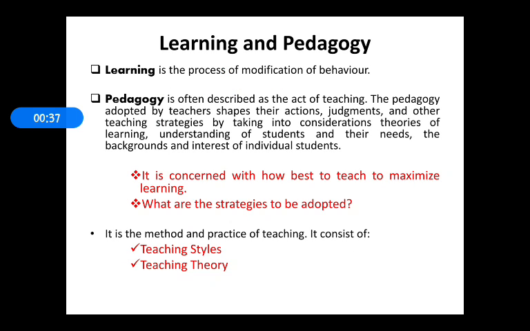Clear? So which are the strategies that would best suit the learner, and accordingly it needs to be adopted. In case of pedagogy, the teaching styles and the teaching theories need to be taken into account. Is that clear?